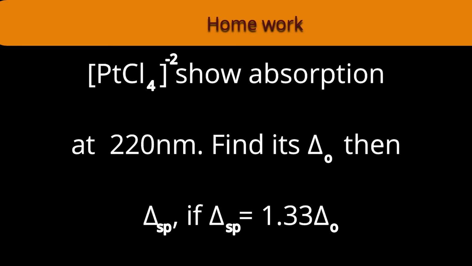But pay attention to the next equation: delta SP for this complex is equal to 1.33 delta O, because of the high-series metal ion. Therefore, this relationship is changed. I repeat, delta SP is equal to 1.33 delta O, and I want the value of delta SP in kilojoule per mole. Write only the answer in the comment box. I am waiting for your answer.